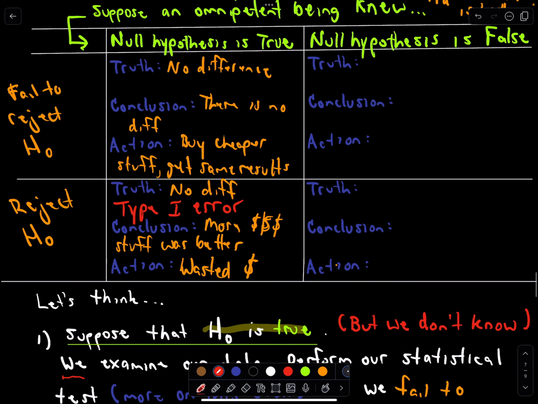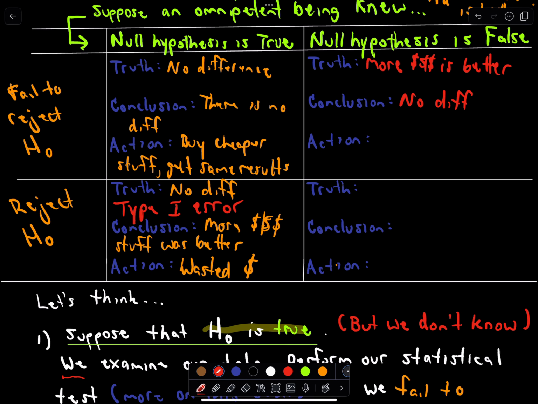So let's go back and look at the same thing. The truth is the more expensive stuff is better, right? It's worth spending that few extra dollars. You'll get much better cleaning. You'll be much more happy, and maybe you'll save money in the long run because you use less. But the conclusion that you came to was that there's no difference.